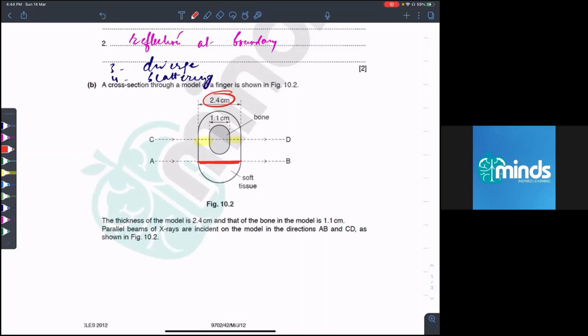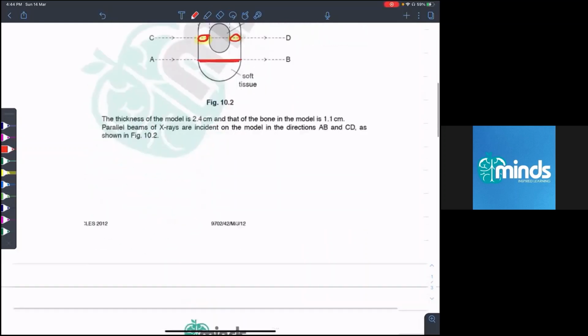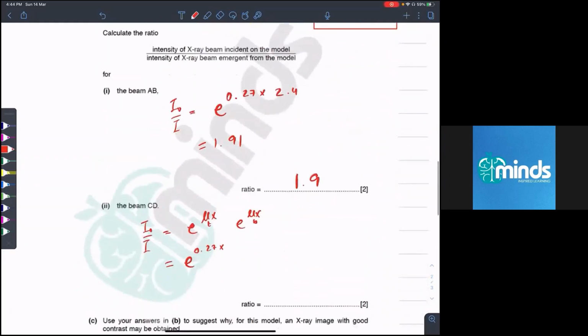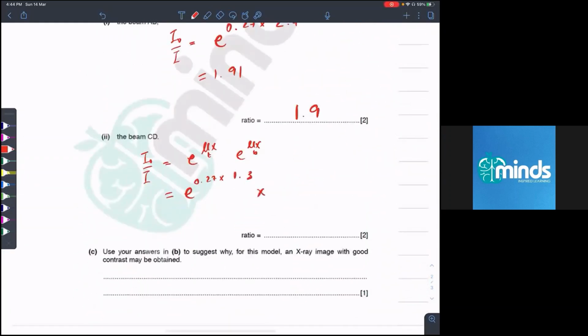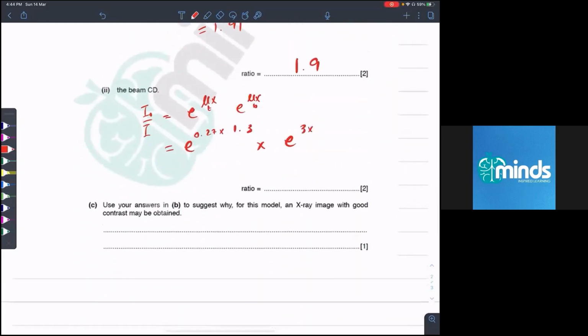Because the width of soft tissue is 2.4, but 1.1 is actually the bone. So in this region, the thickness of soft tissue should be 1.3. Now, for bone, mu is 3 and width is 1.1.